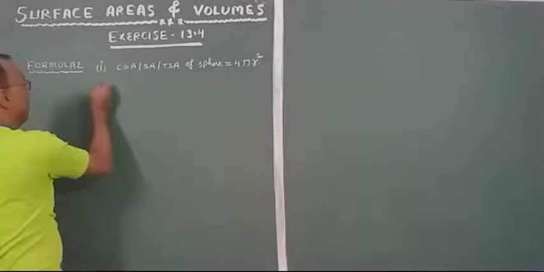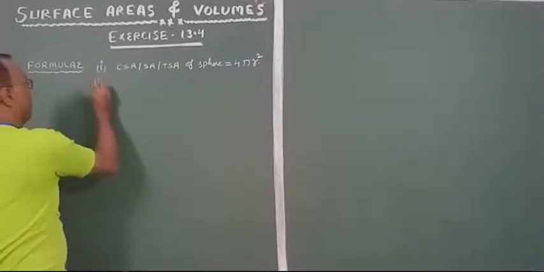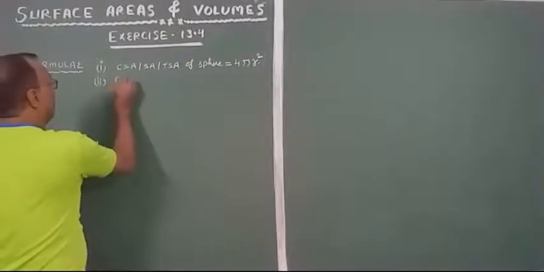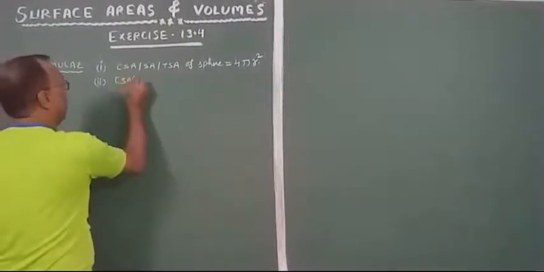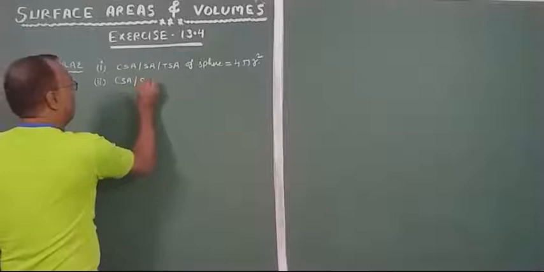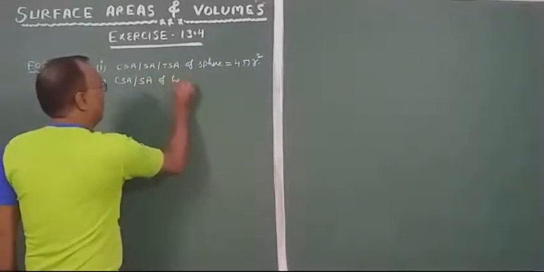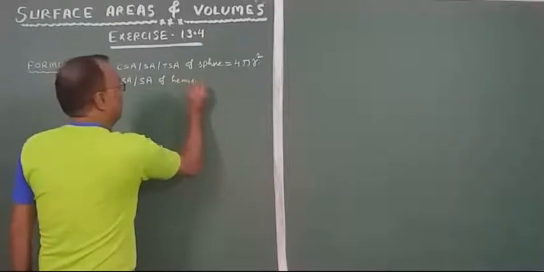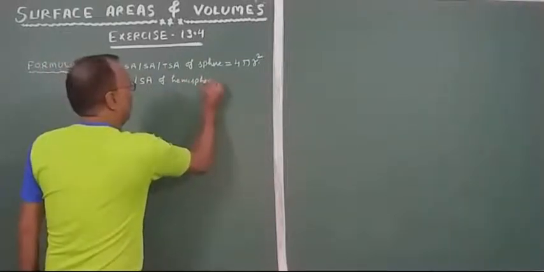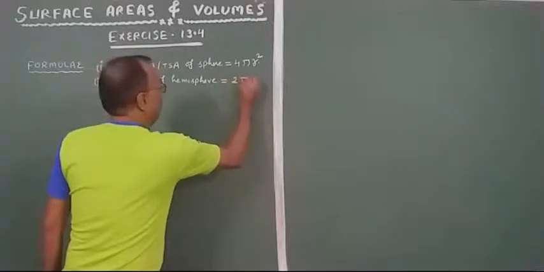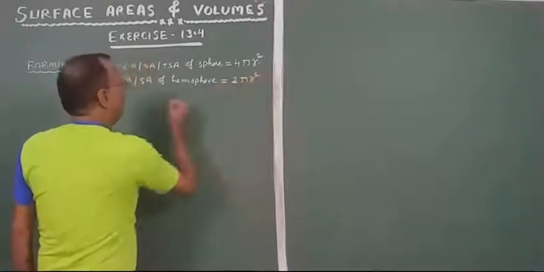The next thing is the CSA or surface area of hemisphere, that is 2 pi r square.